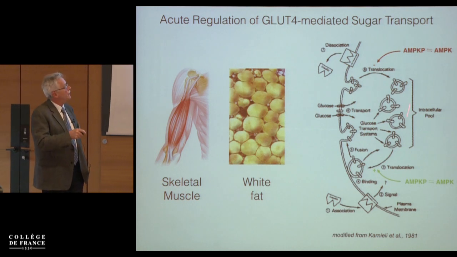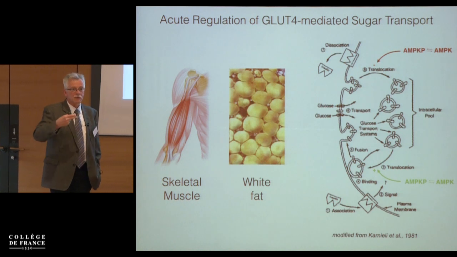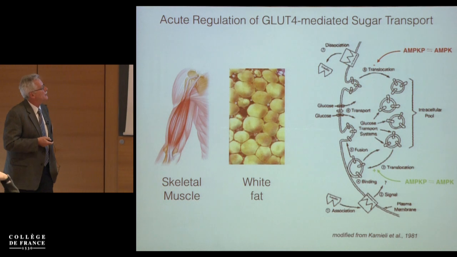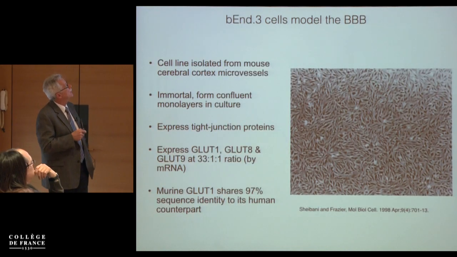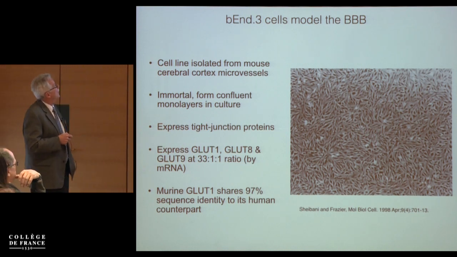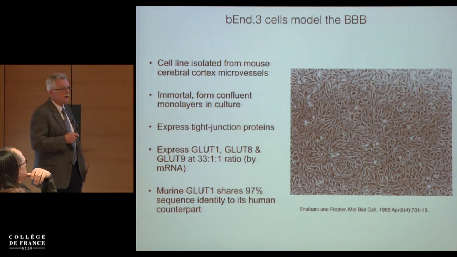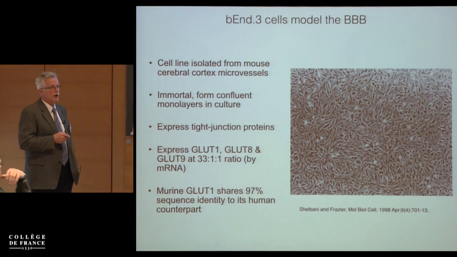We're not sure what the difference for these different results is, whether it's different tissues, different hands, but nevertheless, both have been observed. So we've looked at sugar transport in a murine cell line of the blood-brain barrier. These are bEnd.3 cells. They're not perfect, they're immortalized cells, but it's easier than trying to create primary cultures from cerebral microvascular cells.